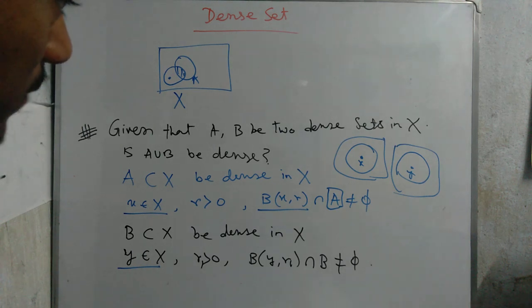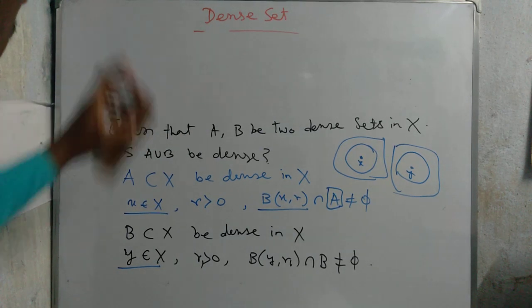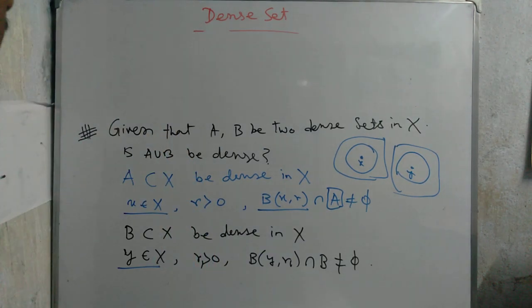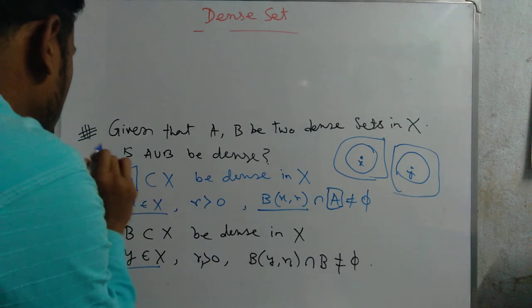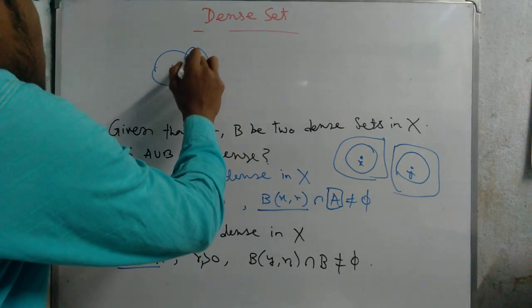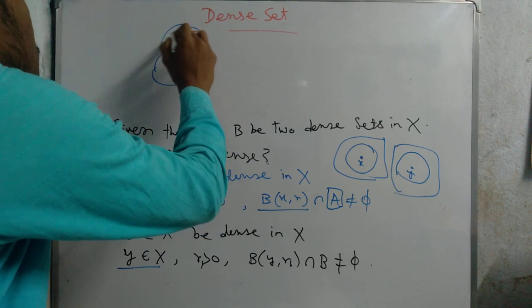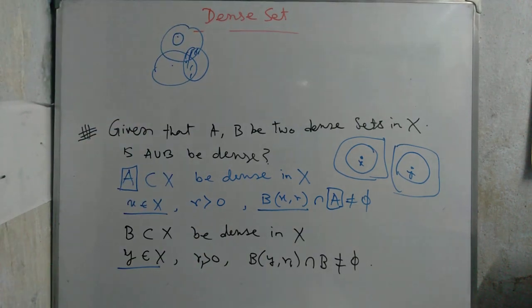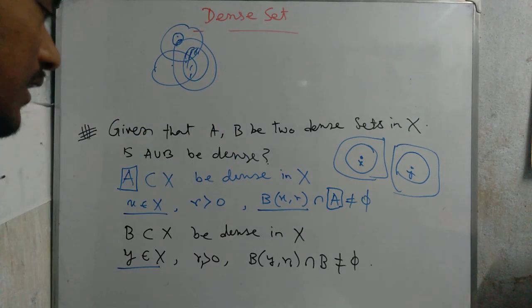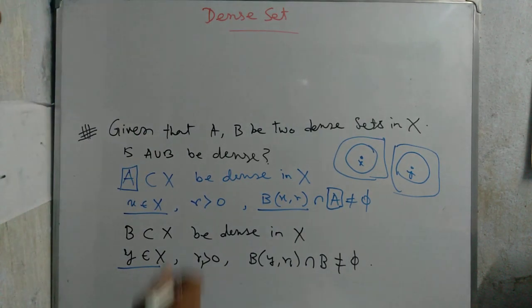A is a subset of X and contains points arbitrarily close to each point of X. Even if we take a small neighborhood, the intersection is non-empty.